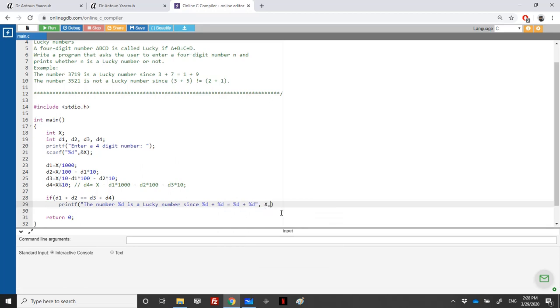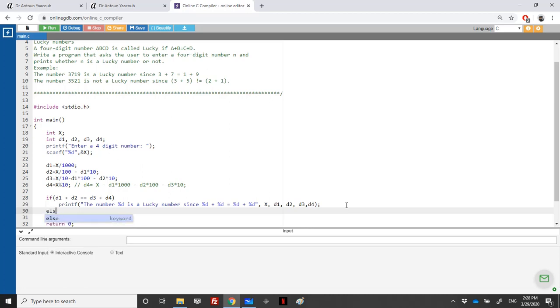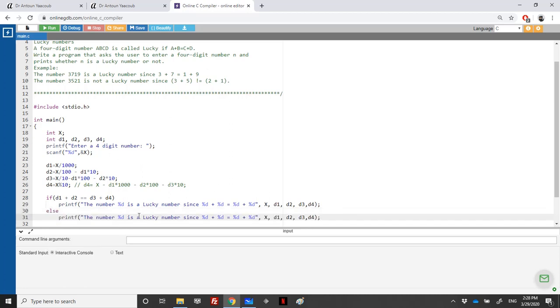So here we put d1, d2, d3 and d4. Otherwise we'll say else the number is not a lucky number since it is not equal to that.